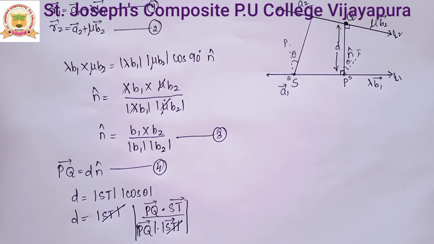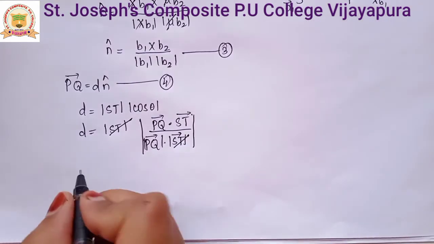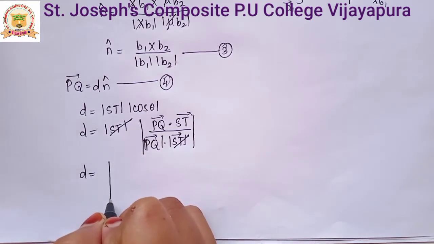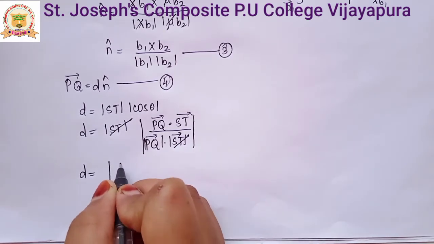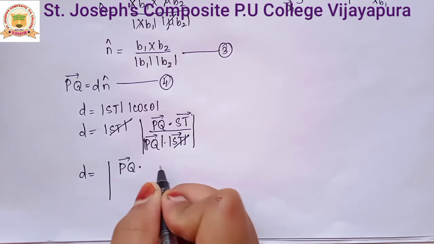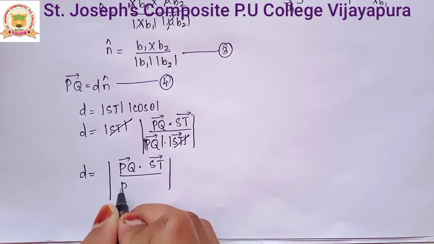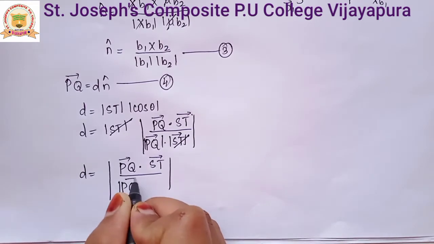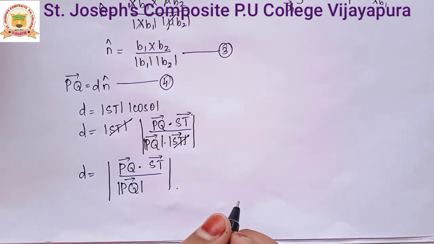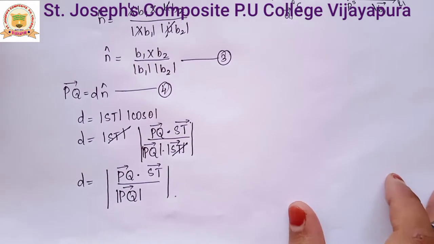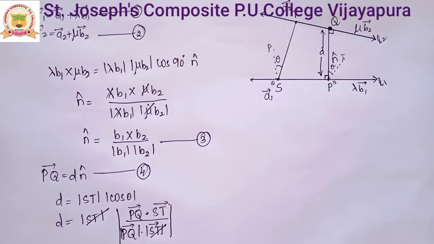You will get d is equal to mod of vector PQ dot vector ST divided by the magnitude of the vector PQ. Now see, we know the ST. How to find the vector ST?